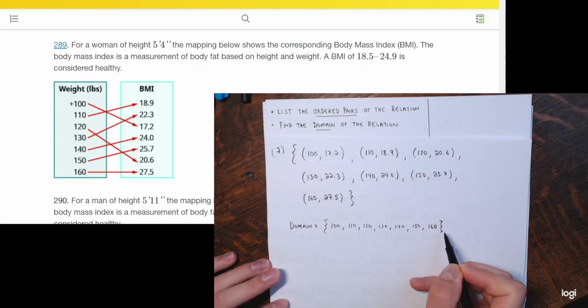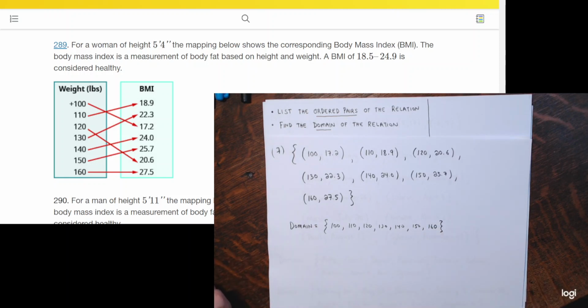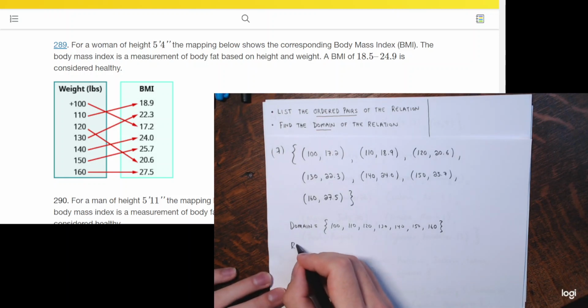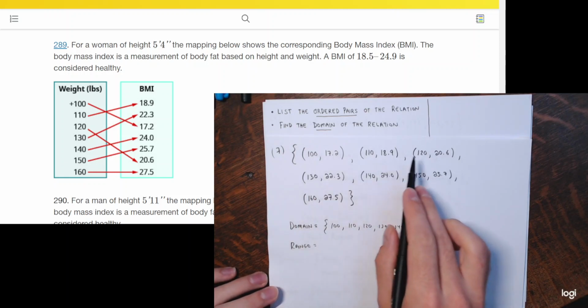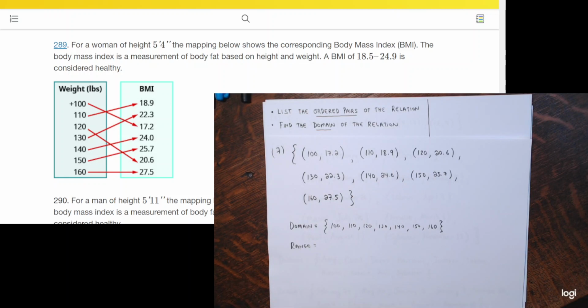There were 7 of those weights. And there you go, the domain has these 7 elements in it. And the range is the BMIs, all the second coordinates in my ordered pairs, or where the arrowheads are pointing to in my diagram.